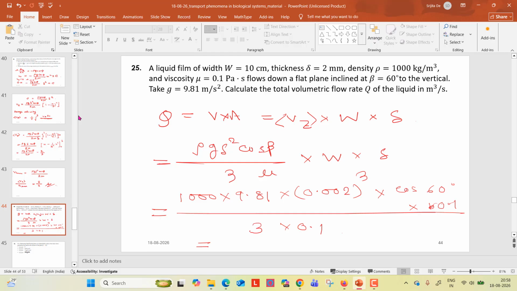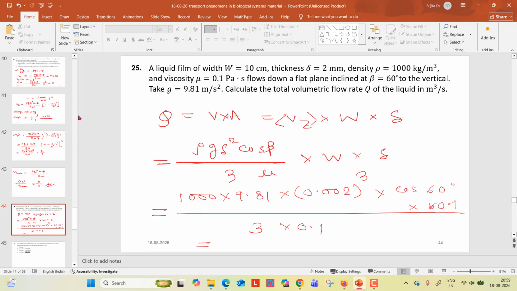So calculate with me. So 1000 into 9.81 into 0.002 cube into cos 60 into 0.1 by 3 into 0.1.